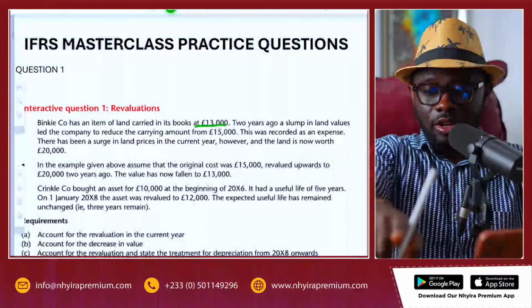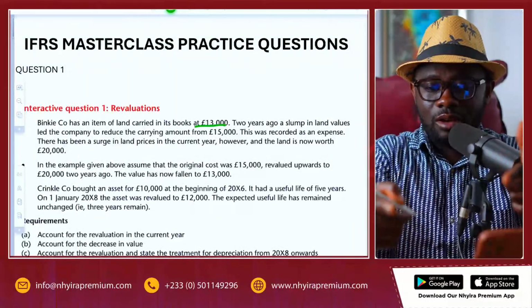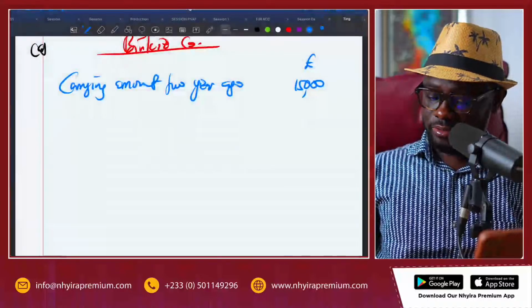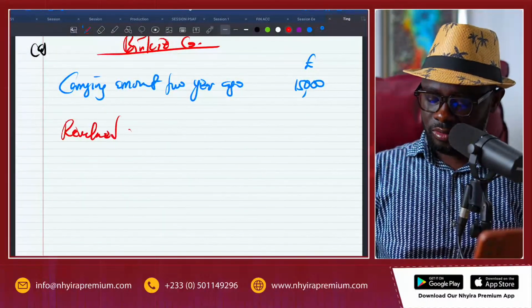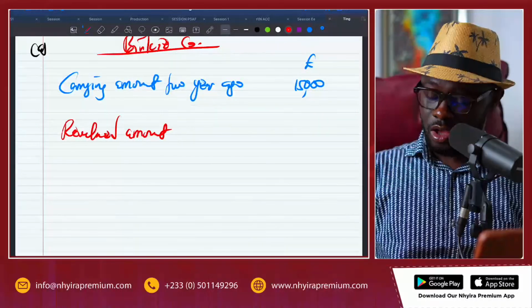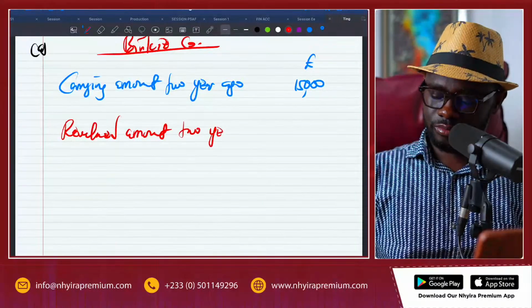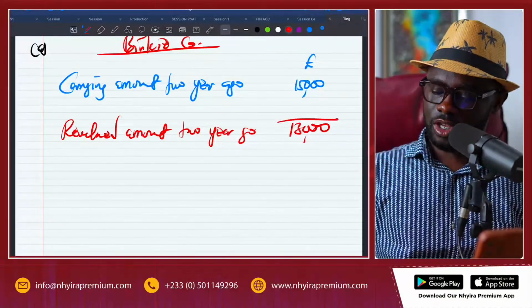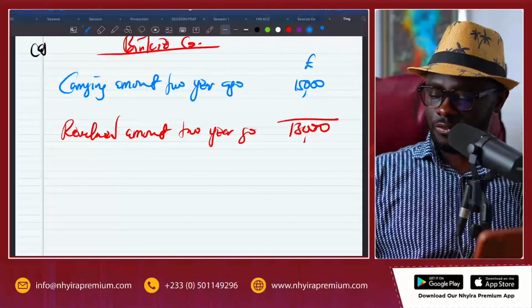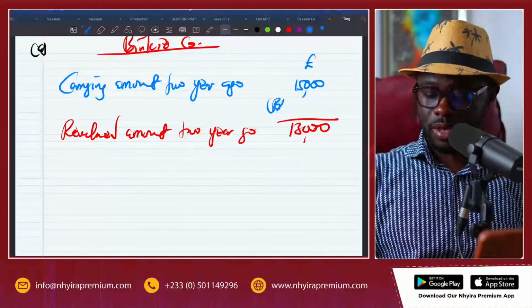But then they are now carrying it in their books at 13,000. So the revalued amount 2 years ago is 13,000. So it means that the land suffered an impairment.